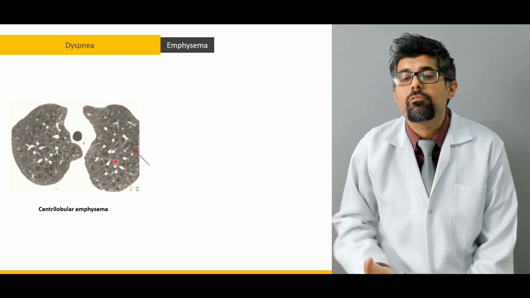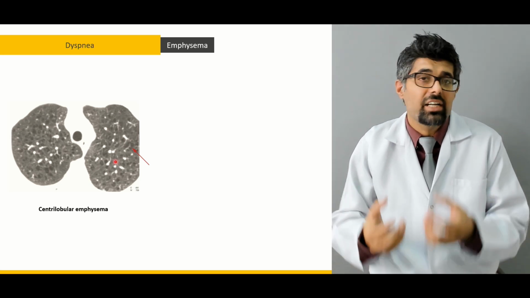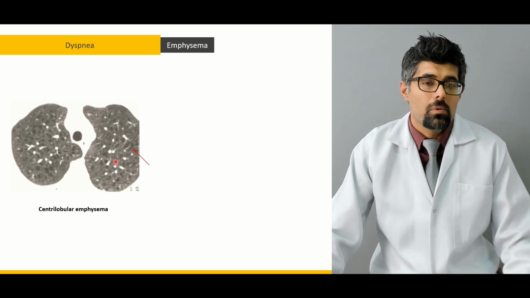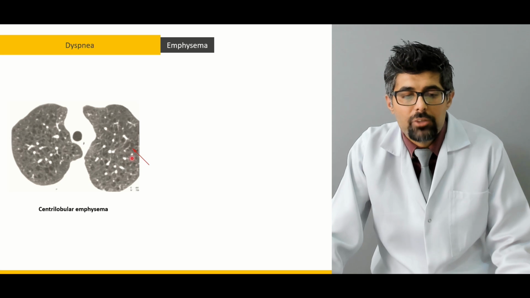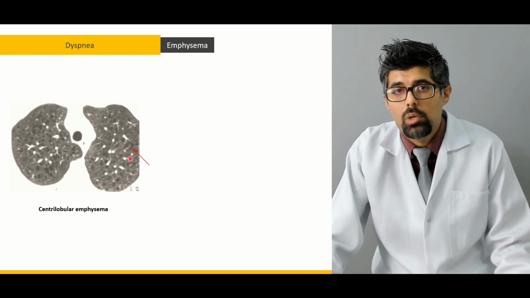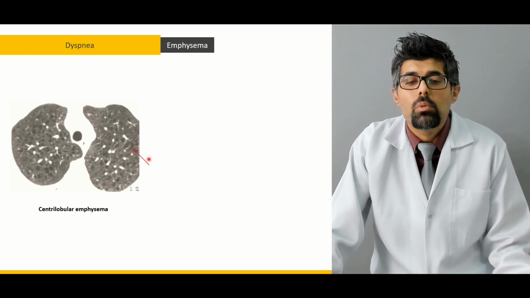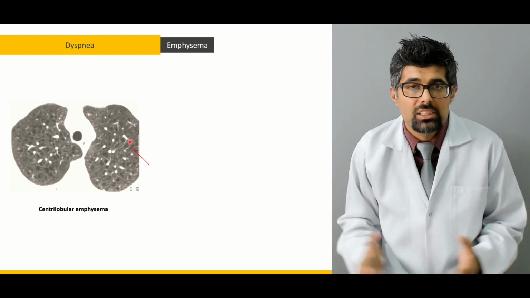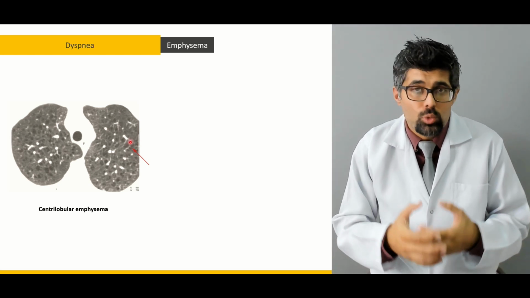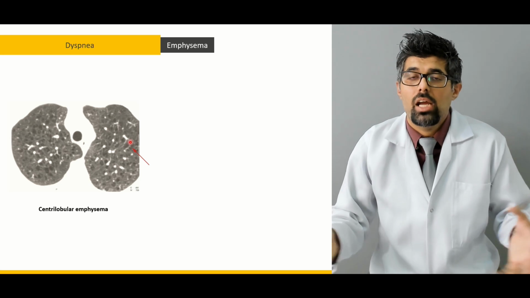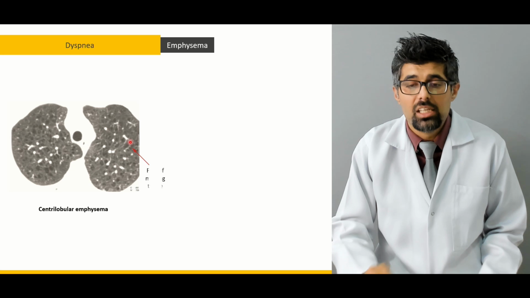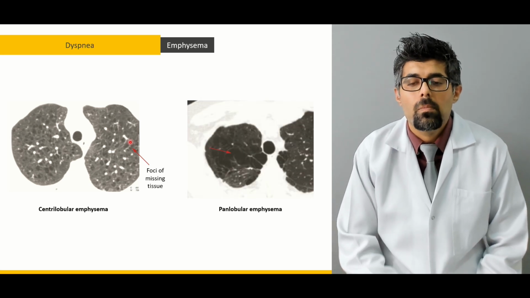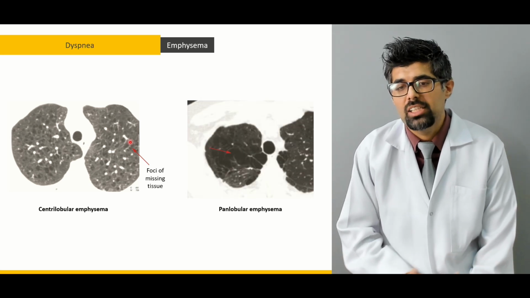And usually emphysema starts at the center. So when it starts at the center, we call it centrilobar emphysema. And this emphysema usually spreads out towards the lung, and it can even spread to the whole lung, and this can give rise to a panlobar emphysema.